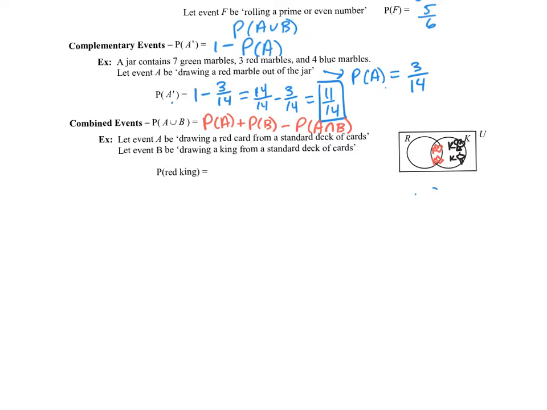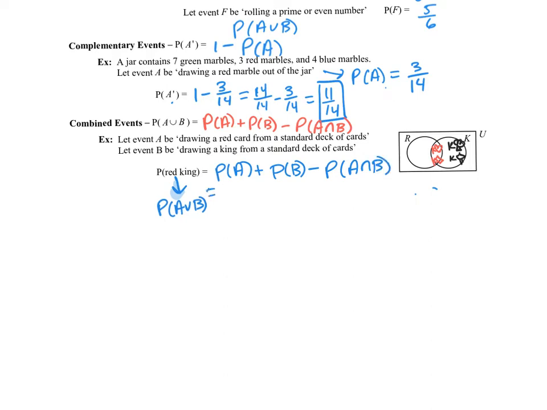So to find the probability of being a red king, think of it as the probability of the union of A and B. We need to take the probability of A happening plus the probability of B happening, and then subtract the probability of both things happening at the same time.